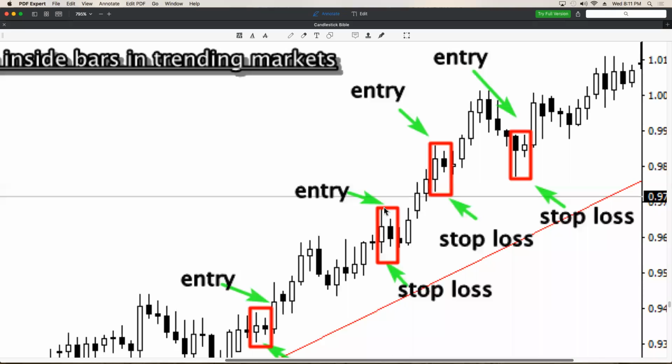I got that, but what I'm not clear on is, if the entry is on the candle above where it's actually pointing to, would the stop loss still be in the same place as shown on this chart? The stop loss is down here below the mother.